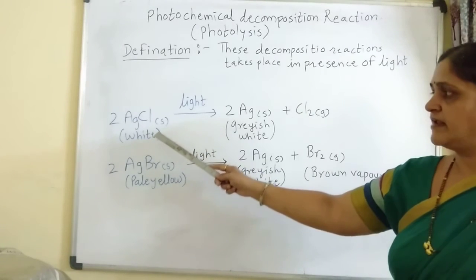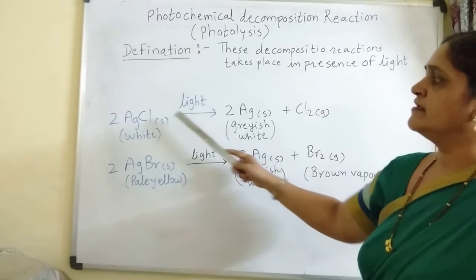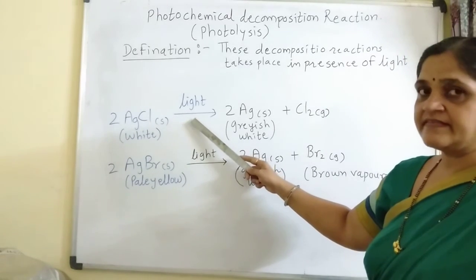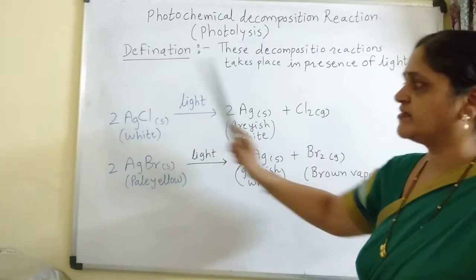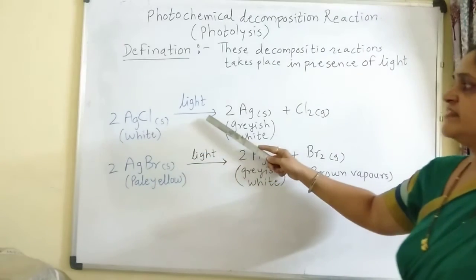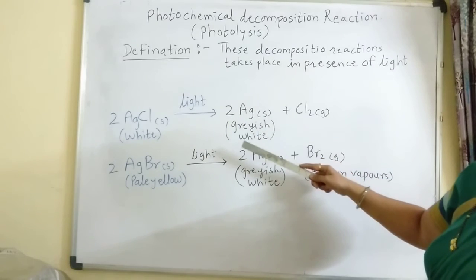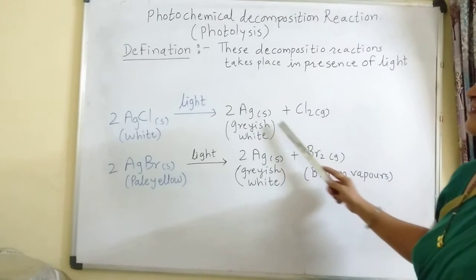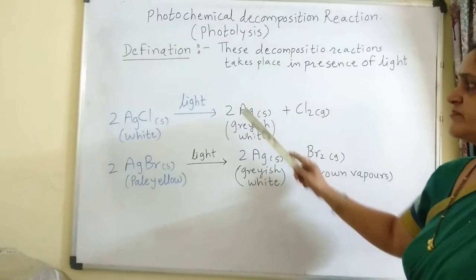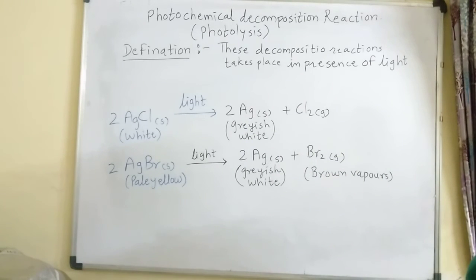The reaction I have written in the form of the equation 2AgCl, light, because in the presence of light the decomposition is going to take place. These crystals are white in color. When the decomposition takes place, the products are 2Ag plus Cl2 gas. The grayish white crystals of silver are formed along with the evolution of chlorine gas.